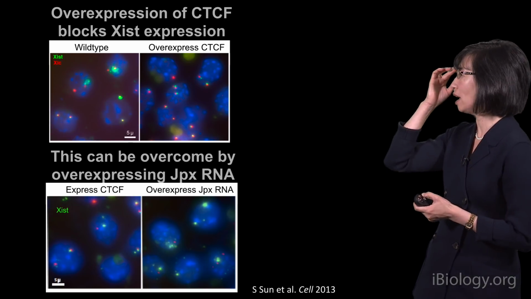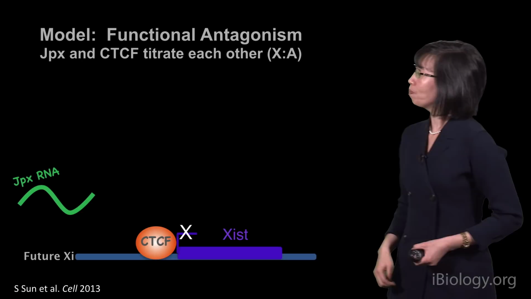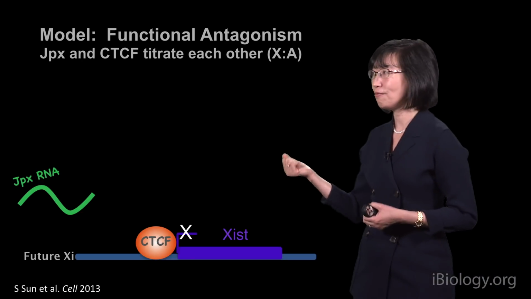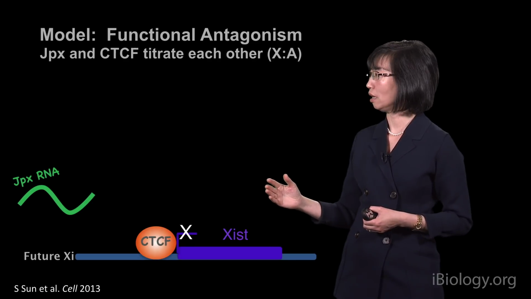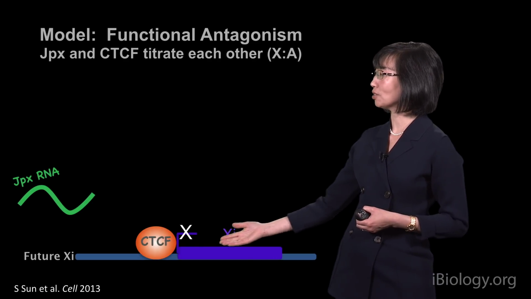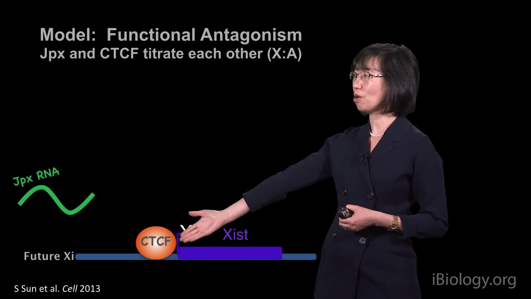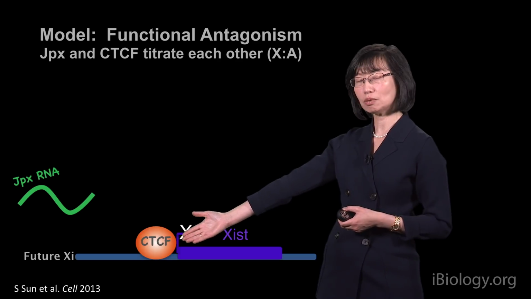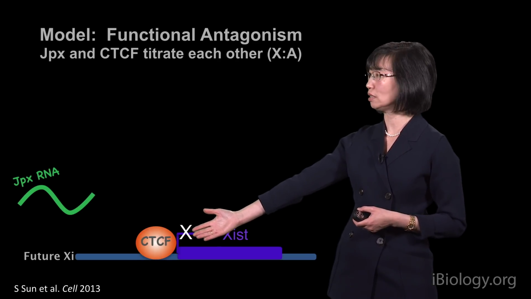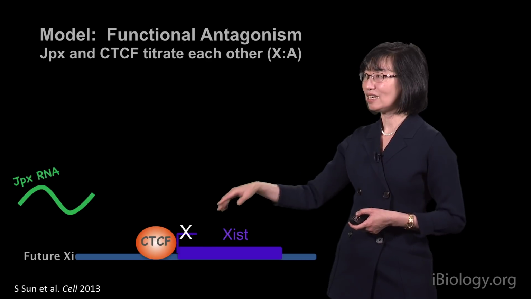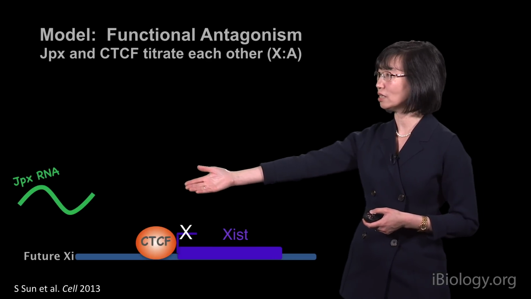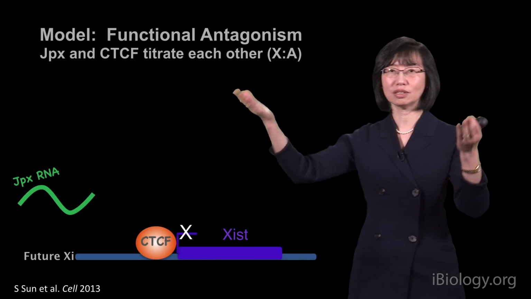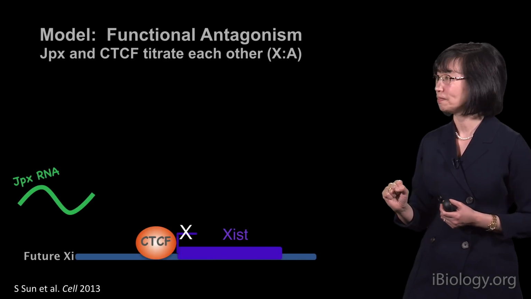Okay, so that supports this idea that CTCF and Jpx RNA are functionally interacting with each other and titrating each other inside of cells. So what we propose then is a functional antagonism between CTCF and Jpx RNA. So prior to X inactivation, CTCF sits very robustly at the 5' end of Xist, where it blocks the expression of Xist. And then at the onset of X inactivation, what we have empirically measured is that Jpx RNA increases in expression by 10-fold.